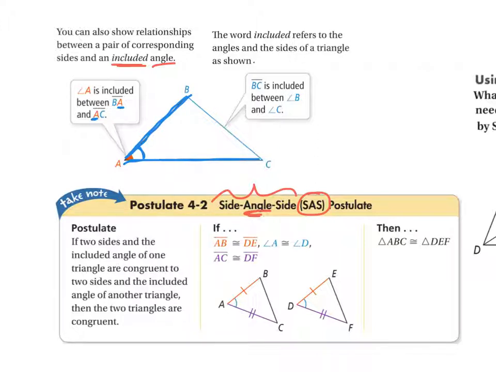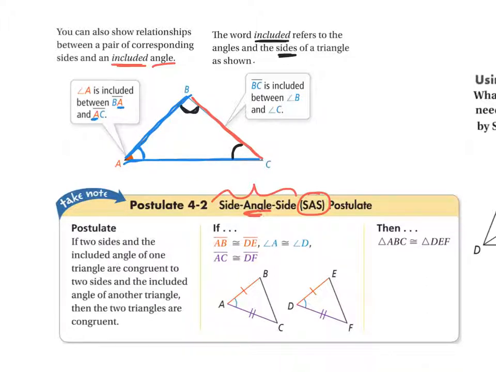Sometimes we're going to deal with, in fact, either tomorrow or Wednesday, we're going to be dealing with included sides. It can be dealing with sides as well. And so over here, if I talk about angle B and I talk about angle C, then line segment BC is the included side.